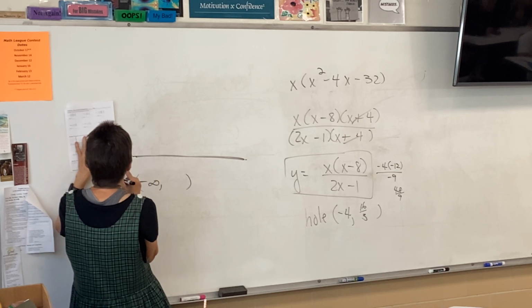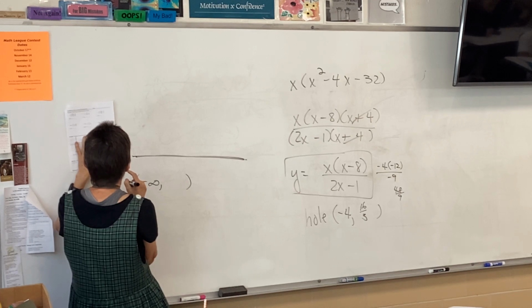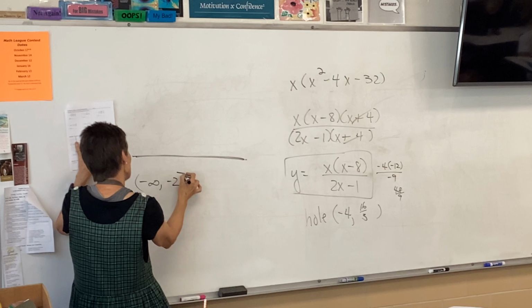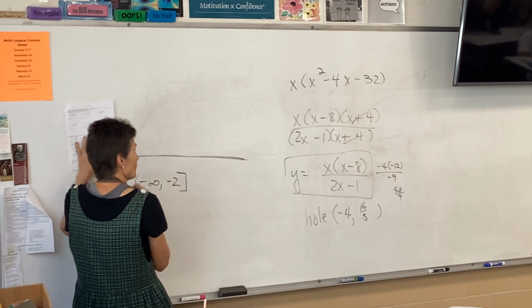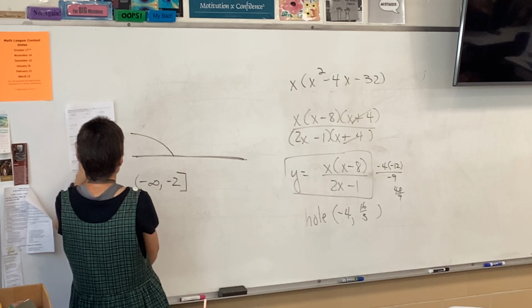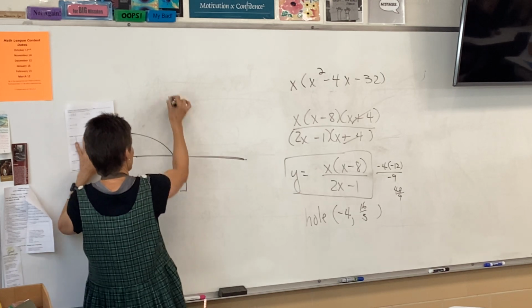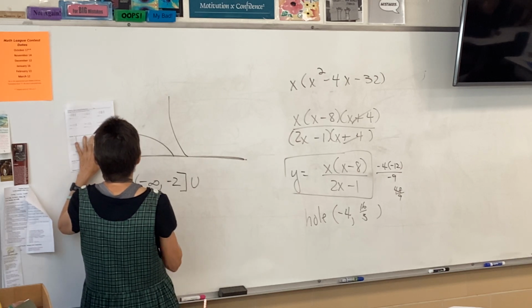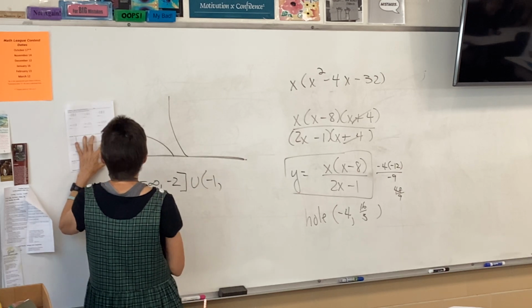So won't it be negative infinity to -2? And should I include my -2? Yeah. Remember, you gotta be up here, so that's what we're looking at. Now, aren't we also looking at this piece? Yeah. So what's that? Parentheses, -1, and then 0 with the bracket.